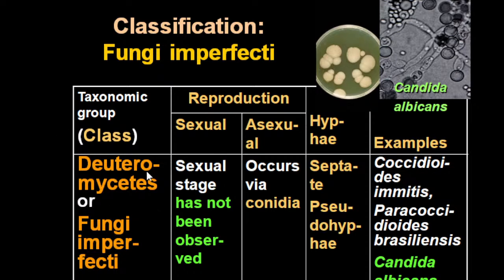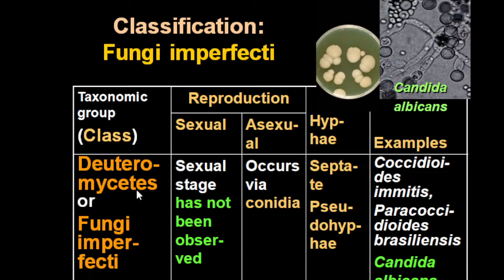Then the last group is the so-called Fungi Imperfecti. We call them imperfecti because the sexual way of spore production is not known and has not been observed yet. And the only asexual spores can be produced via conidia again, right? Not sporangiospores, but conidia.